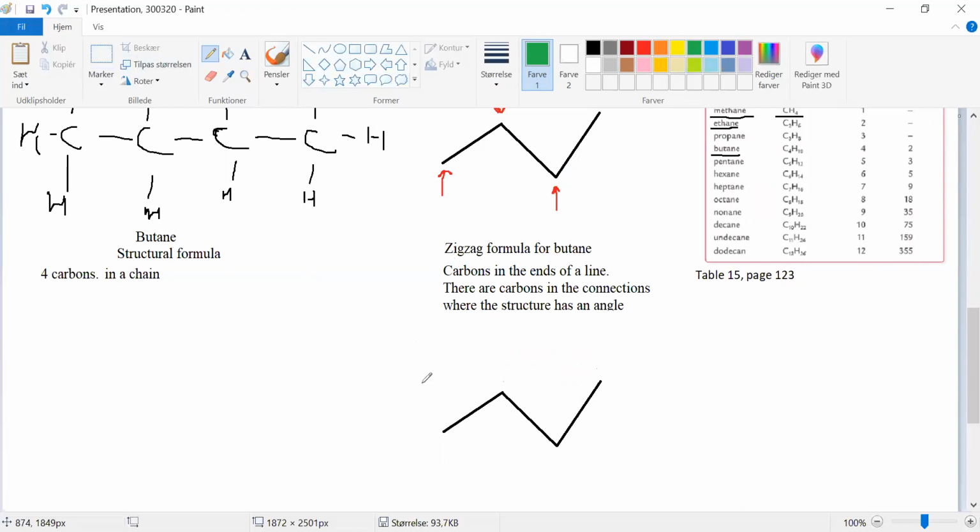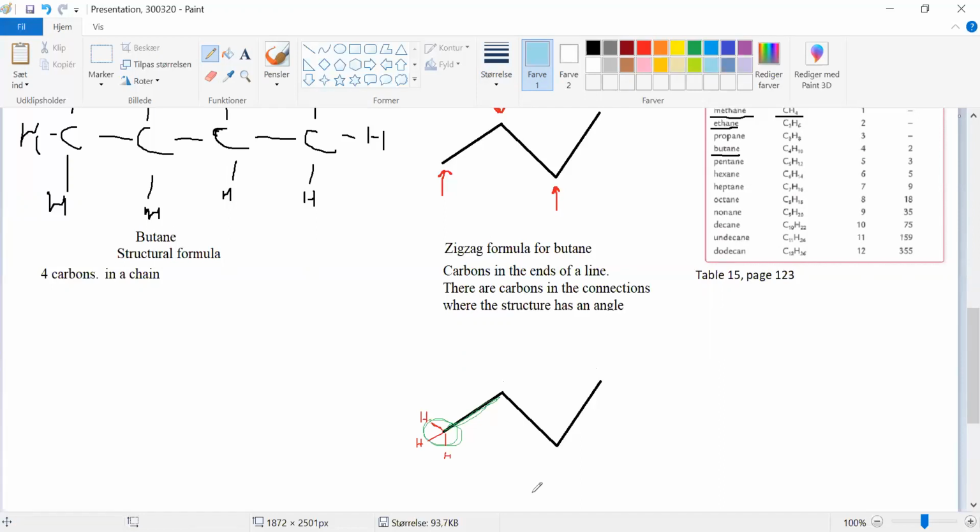And we can see that the carbon that is right here has 1 bond to another carbon. So that's the bond there. It has a single bond there. That means that it still needs 3 more bonds. So the carbon in the end here will have 3 hydrogens on it, like this. That's a hydrogen and a hydrogen there. Because carbon always must have 4 bonds.